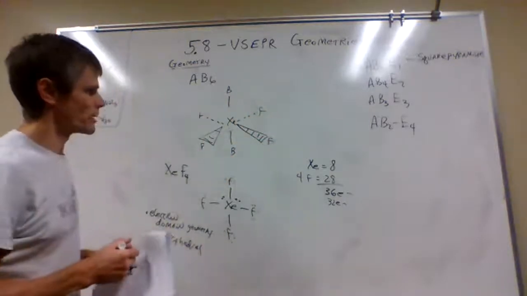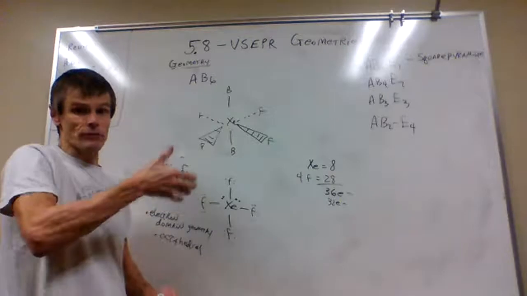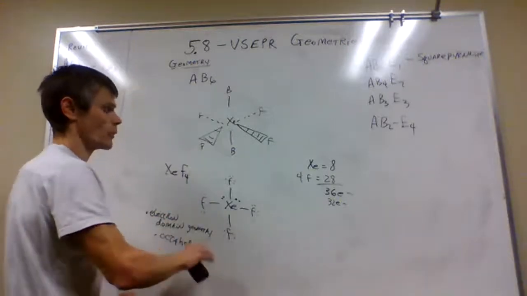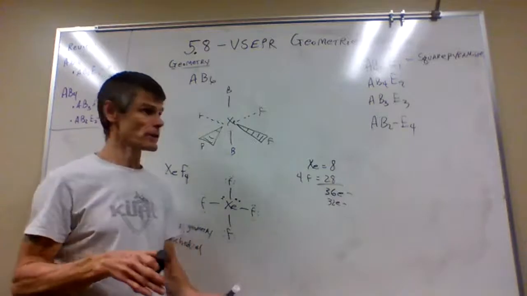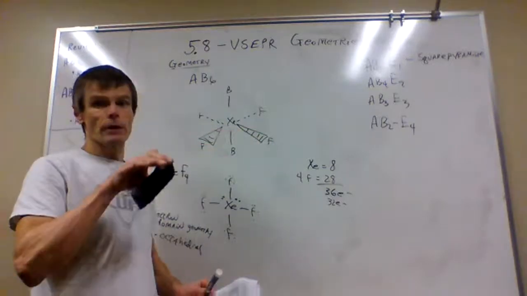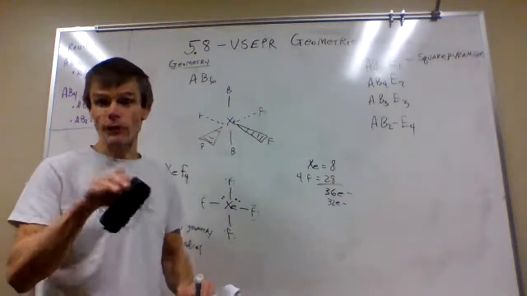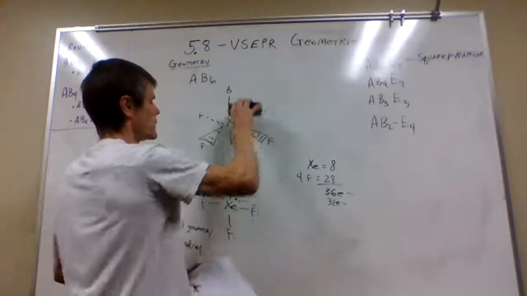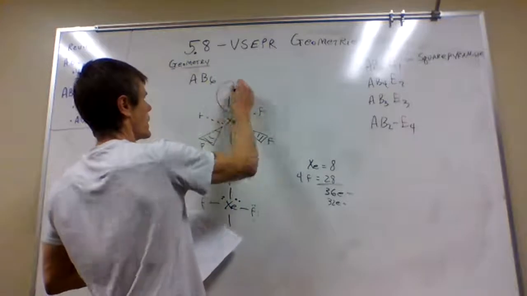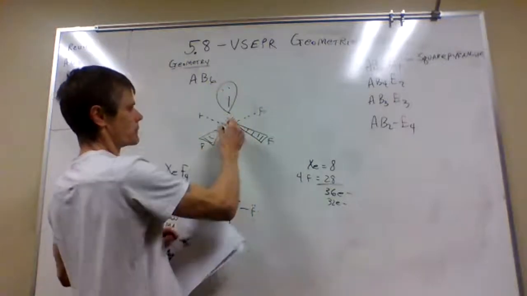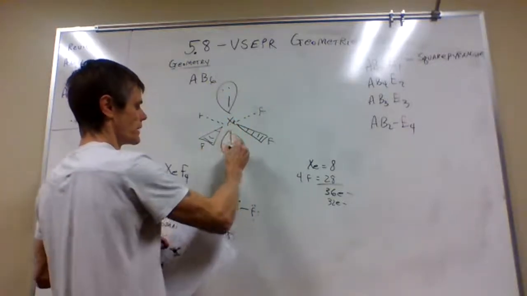And our lone pair of electrons, we're going to put them as far away from each other as possible. Now, when we put a second lone pair of electrons, we're going to distribute them completely opposite of where the first pair were. In this case, we're going to have a lone pair of electrons above the plane and below the plane.